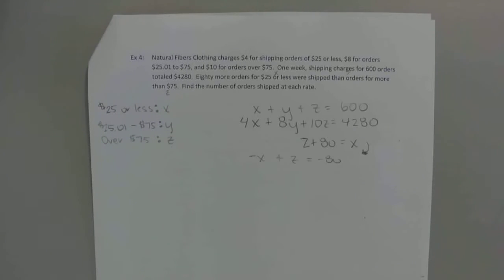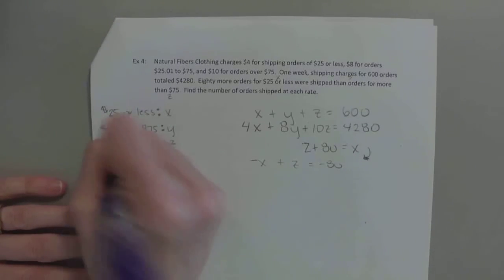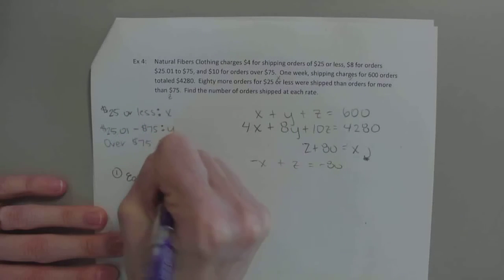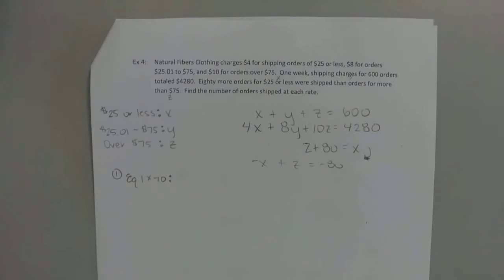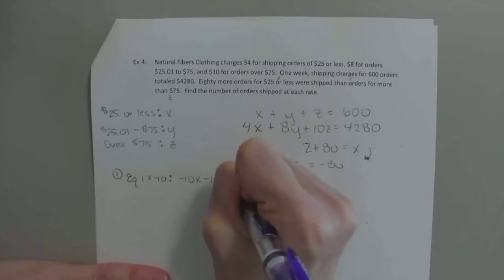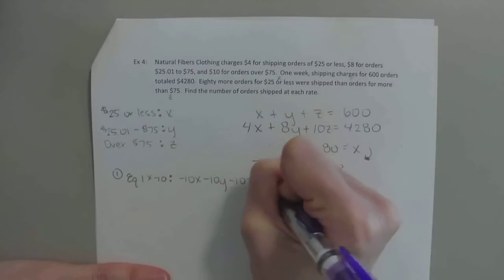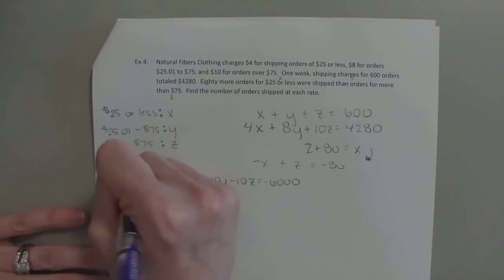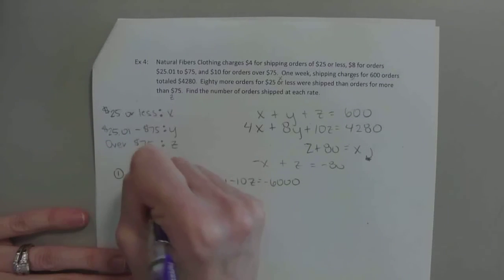If we're going to get rid of Z first, I would take maybe the first two and multiply the first one by negative 10, and that would cancel out with that. So let's take equation 1 times negative 10 and see what we get. We'll have negative 10X minus 10Y minus 10Z equals negative 6,000. And who are we going to combine it with? Just equation 2.